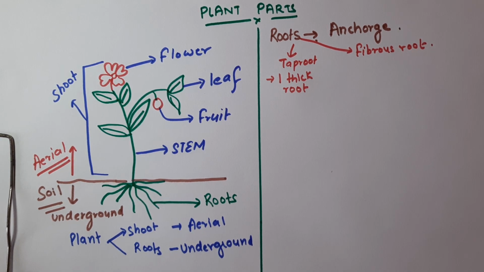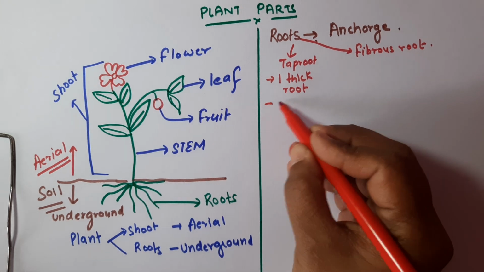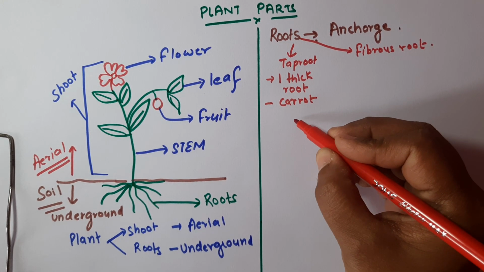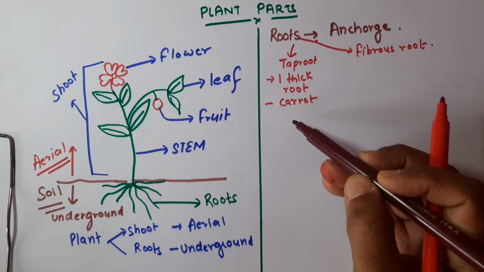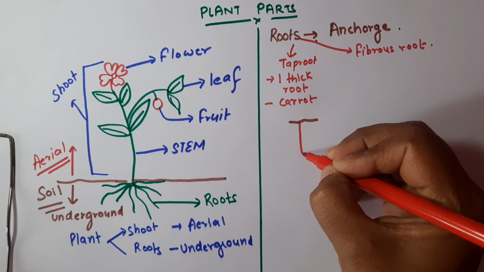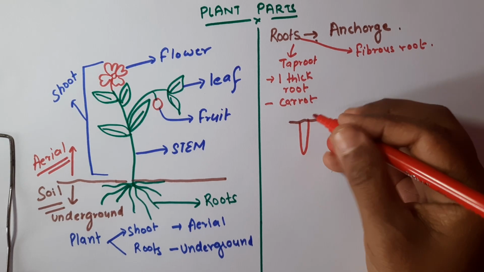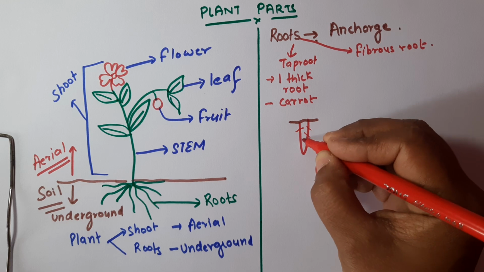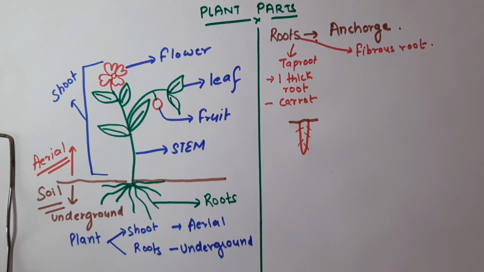An example here is the carrot. You have all seen a carrot. Suppose this is the underground portion. So this is the carrot, this is the root. On this main root there are small thread-like structures, which are the additional roots.